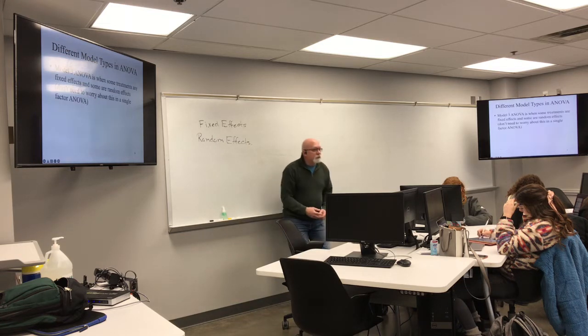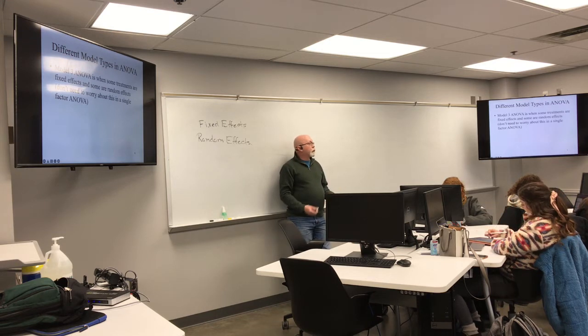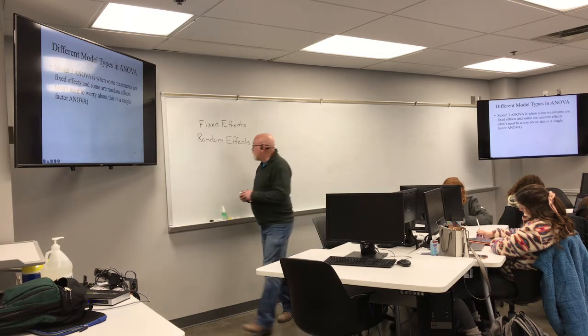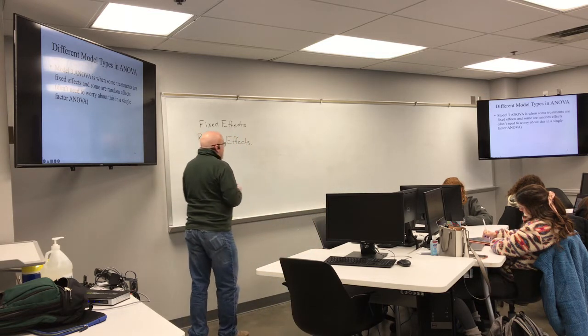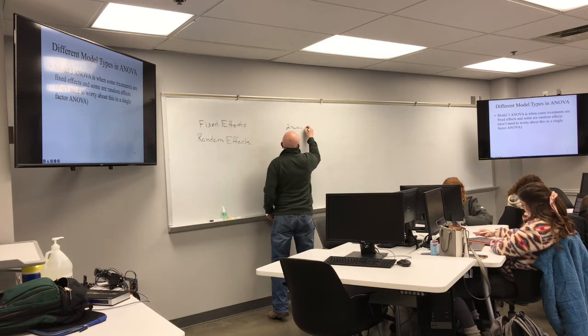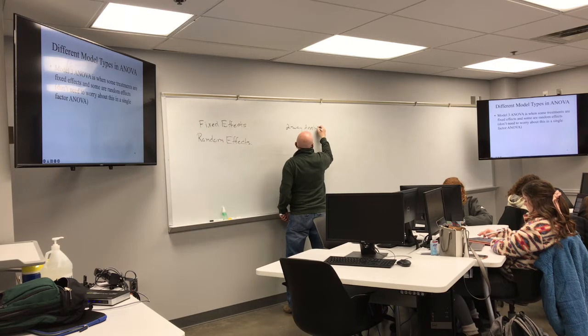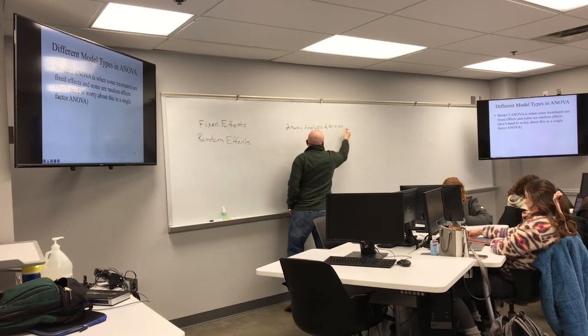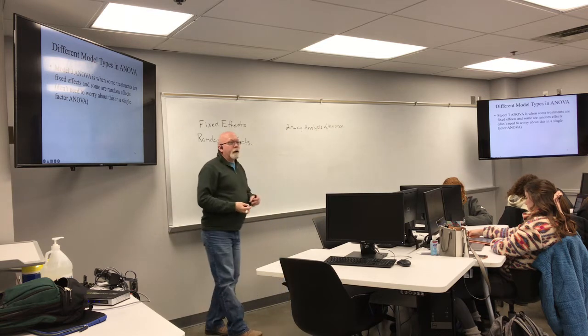And we're not to this yet because we're just doing one-way analysis of variance now, but it's possible that you could have one treatment that is a fixed effects treatment and another treatment that is a random effects treatment. So for example, let's say you wanted to do a two-way analysis of variance, which we will do after we have spent a sufficient amount of time on one-way analysis of variance.